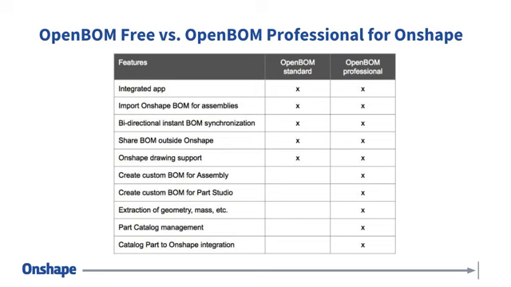It means if you change data in Onshape, it's changed in OpenBOM. If you change data in OpenBOM, the data is instantly updated in Onshape. You can share data outside of Onshape. We provide drawing support for both. And there are some additional functions, as you can see, in the professional application. We create custom BOMs for Part Studio and for assembly, we extract geometry, and do some other functions.